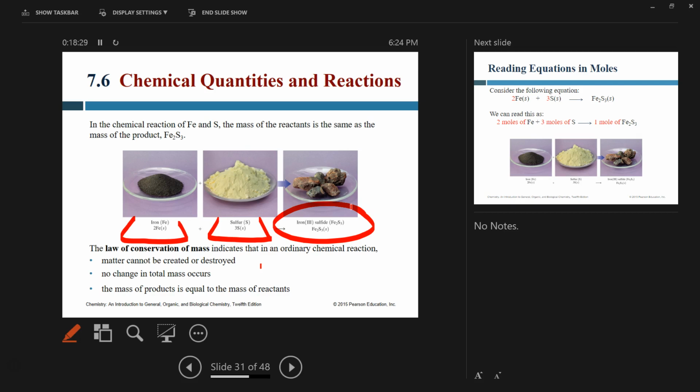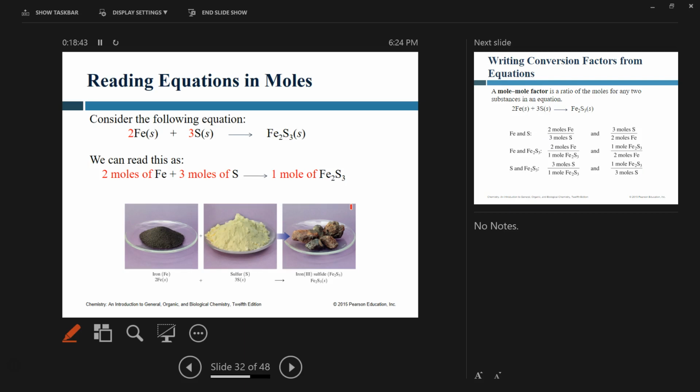Does that make sense? Nothing is created, nothing is destroyed. If you had 2 pounds total mass of reactants, you're going to have 2 pounds total mass of products.